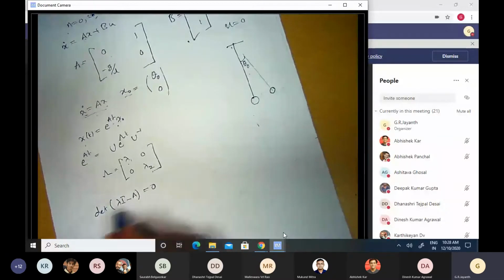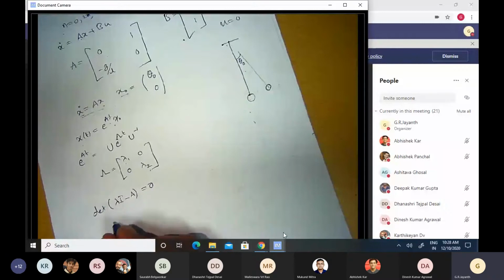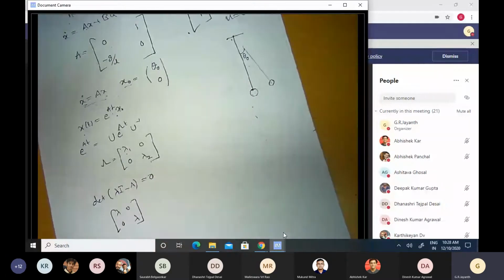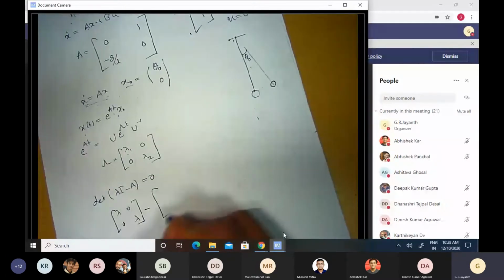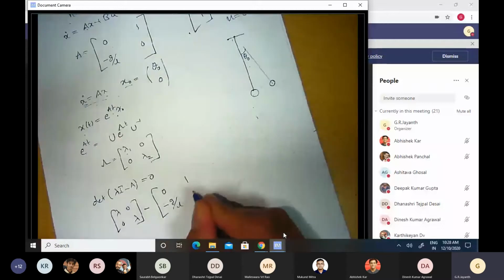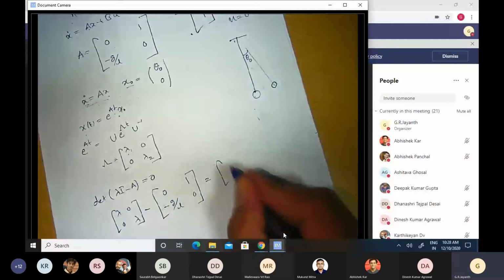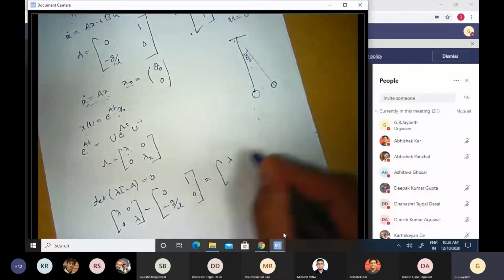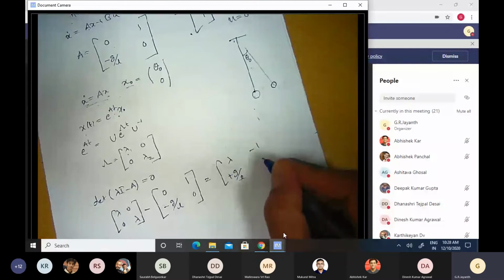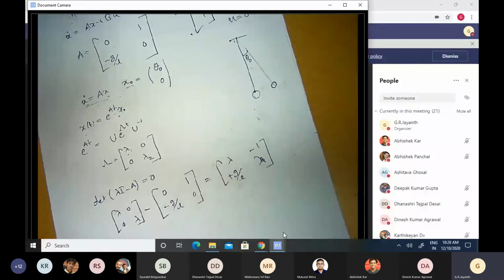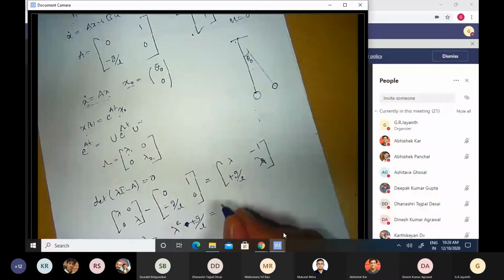Lambda I is a diagonal matrix with lambda along the diagonal, minus the A matrix, 0, 1, minus g by L, 0. Okay, that is lambda I minus A, and that's equal to lambda, minus 1, plus g by L, and this is also lambda. So determinant of lambda I minus A will therefore be equal to lambda square plus g by L is equal to 0.